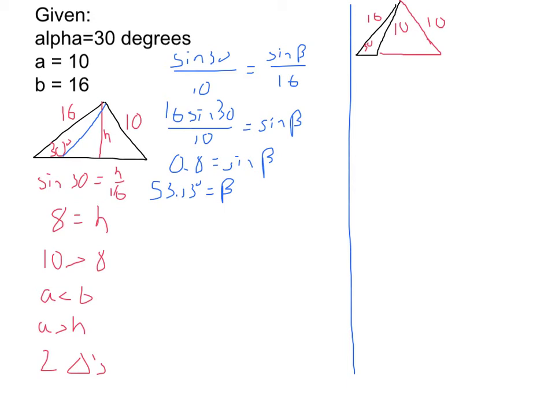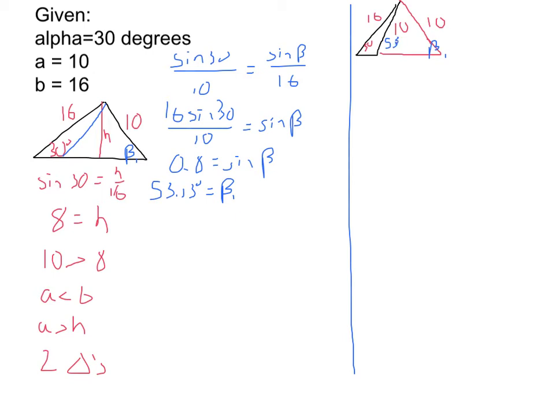Now this 53 that we found goes here. I'm going to call that beta 1. Same over here. That's beta 1. But because these two sides are both 10, we have an isosceles triangle. And so this little guy is also approximately 53.